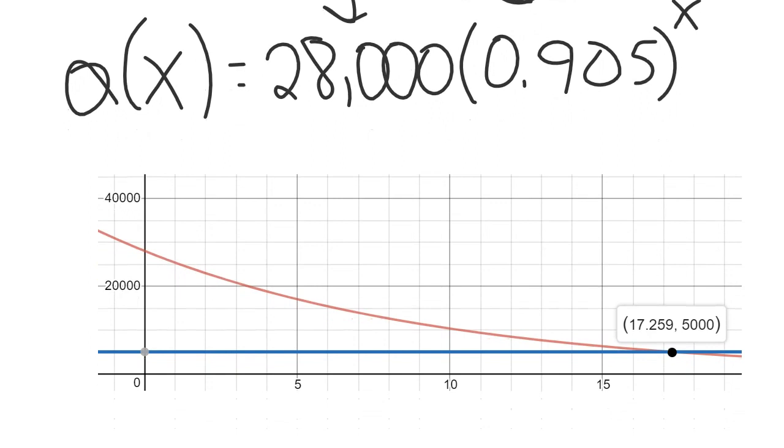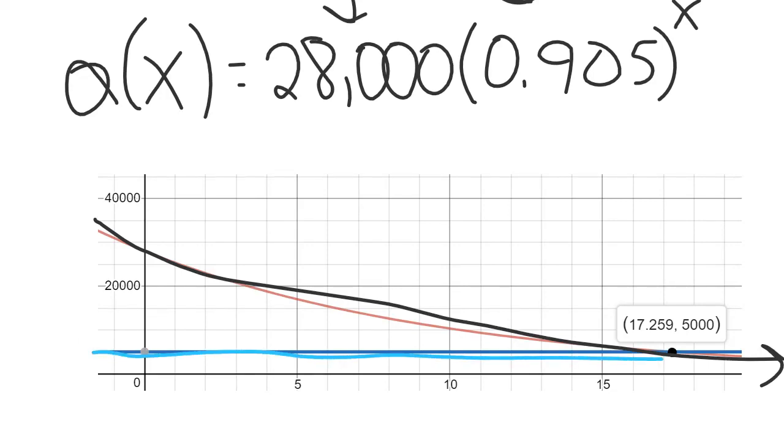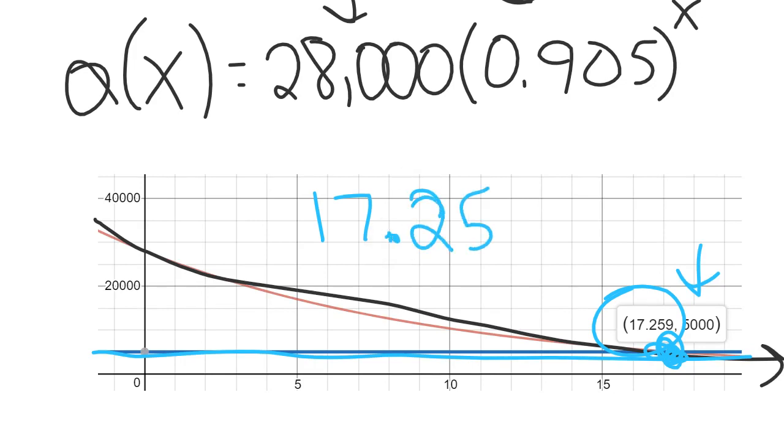Again, the red would be our function. We can see it's decreasing here at an exponential rate. We've got a little bit of a bend to our function here. In blue, all I did was put y equals 5,000, so I got my $5,000 line here. Once they cross, that tells me exactly how long it's going to be until this is worth $5,000, and I can see the answer here would be 17.259.